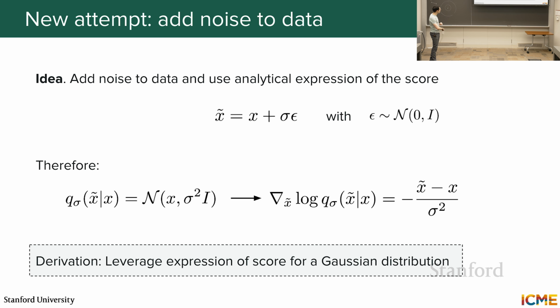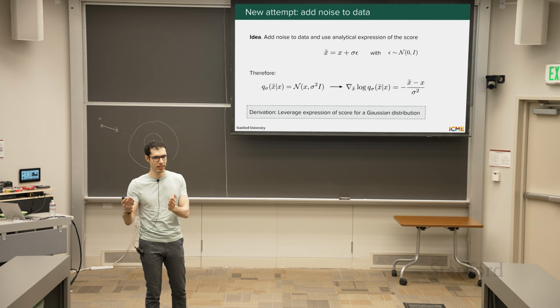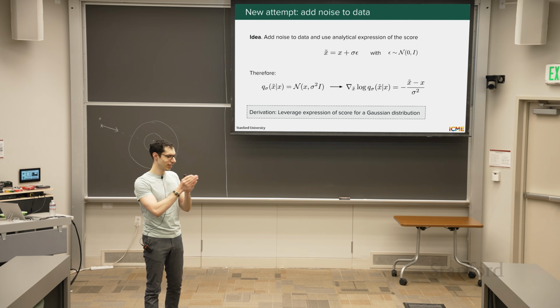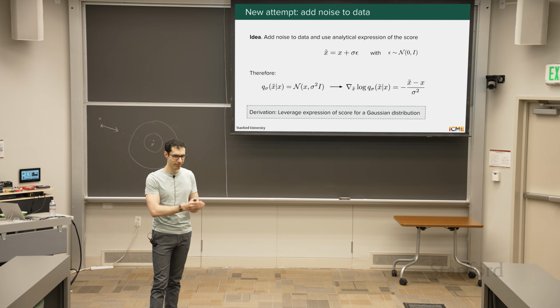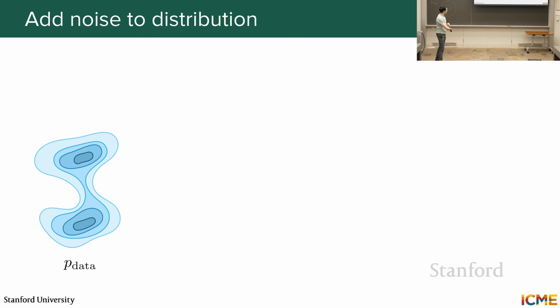So now the question is, how can we use that result to go back to our initial objective, which is to determine the score of the data distribution of interest? Just remember, at the starting point, we want to estimate the score of p data.